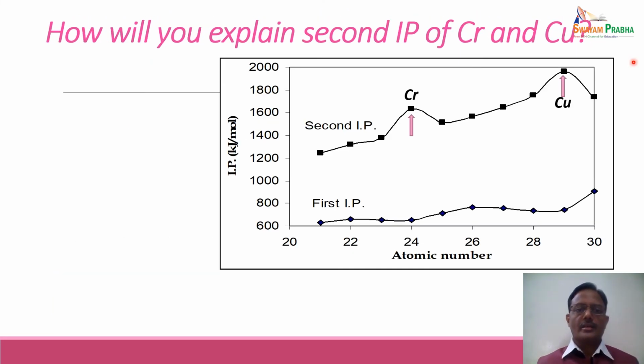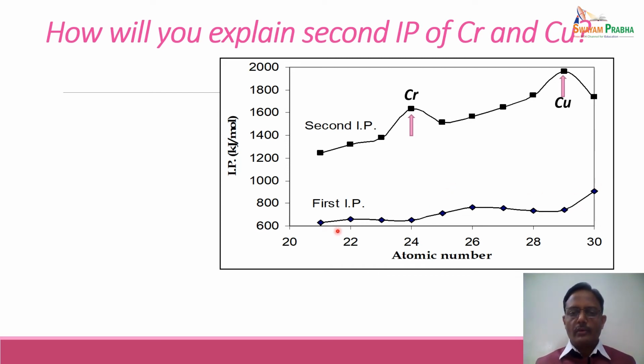Now the next question is, how will you explain the second ionization potentials or ionization enthalpies of chromium and copper? This is a graph of the ionization potentials in kilojoule per mole for atomic number 21 to 30, that is the 3d series elements: scandium, titanium, vanadium, chromium, manganese, iron, then cobalt, nickel, copper and zinc.